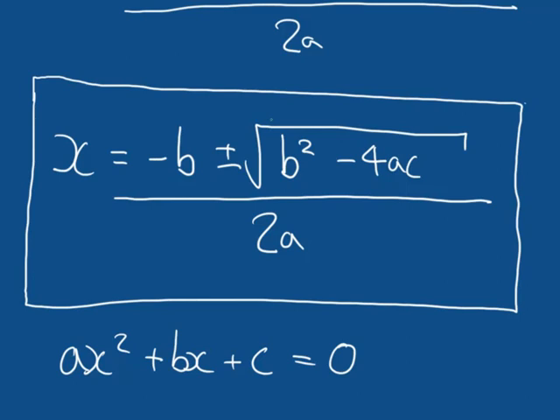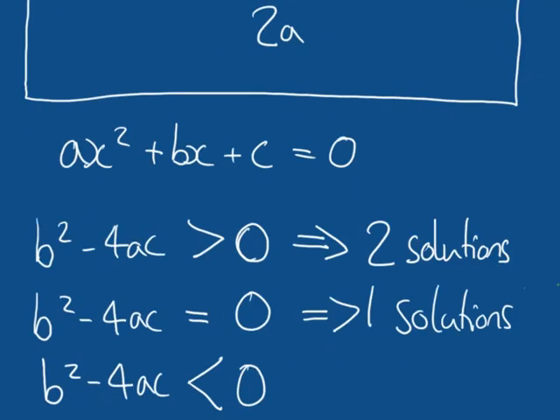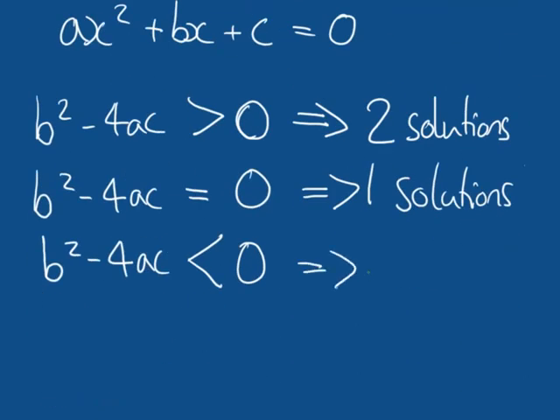That means if b squared minus 4ac is negative, we don't have any solutions, which in terms of our curve is a curve that is hovering above, or if it was flipped over the other way, hovering below the x-axis. That's to say it doesn't intersect the x-axis at any points.